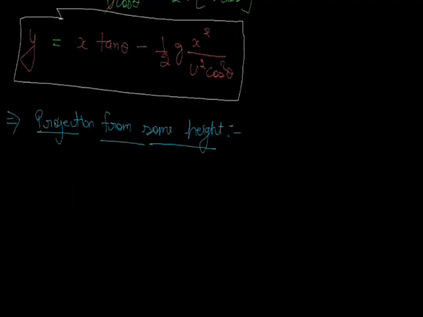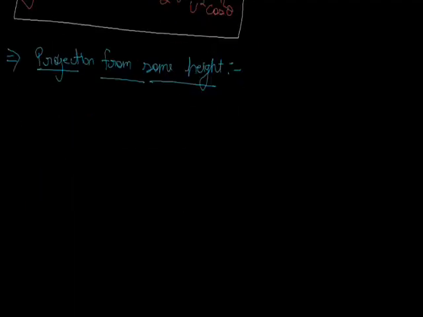That means we are at some height, height h. We are here and we throw an object with velocity u. Then that object or that projectile follows this path. This is our projectile motion.